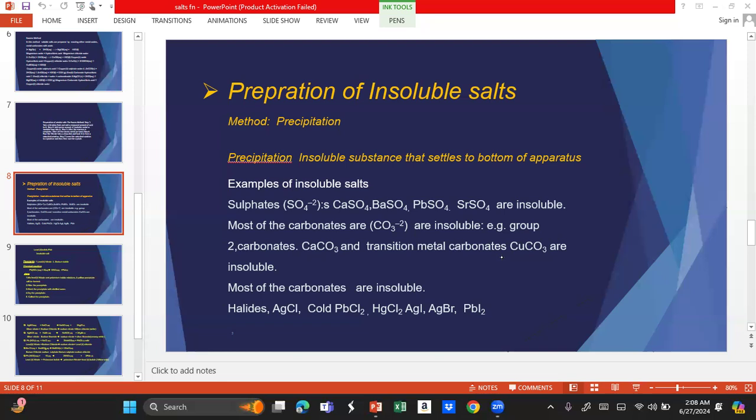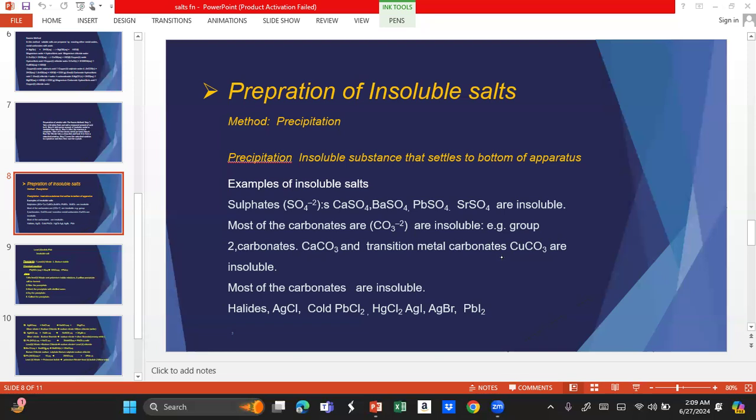Before starting with an example of how to prepare insoluble salts, first we need to know some important examples, because in the examination they can give you any example. But if your knowledge is limited, then you will not be able to decide which method to follow.